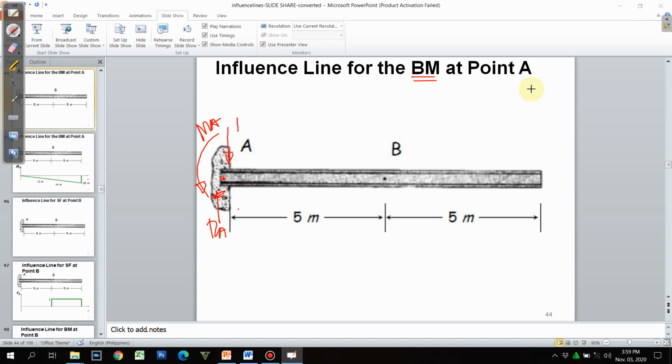So if we do that by tabular method, saying X against moment at A, so if your X is 0, your couple would be equal to 0 because 1 here is passing through point A, therefore there will be no moment for the first position of your unit load.